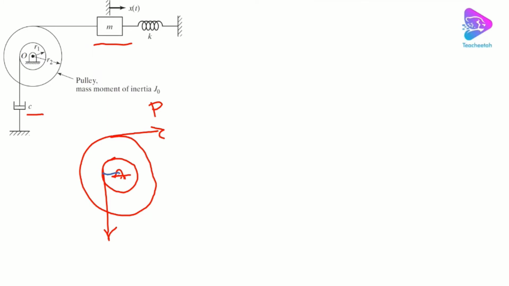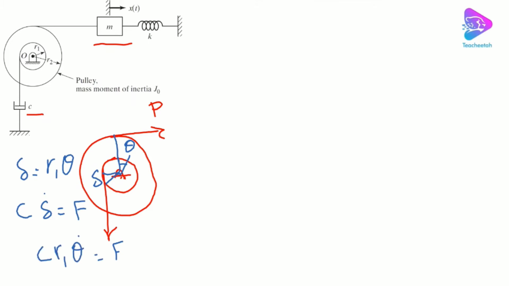So the deflection is delta, and with the same process we used before, delta here is equal to r1 theta, because this is the theta for a virtual motion. And c delta dot is the force on the damping, and here it is equal to C R1 theta dot. That's it, right?